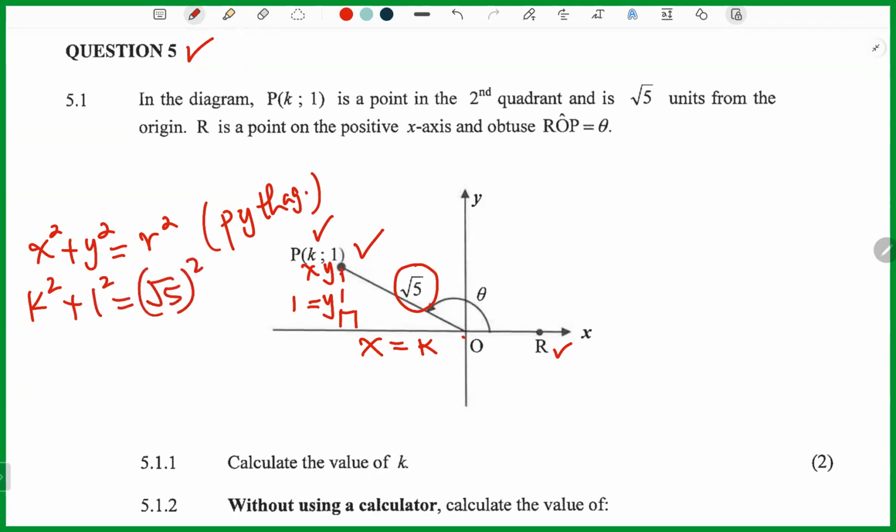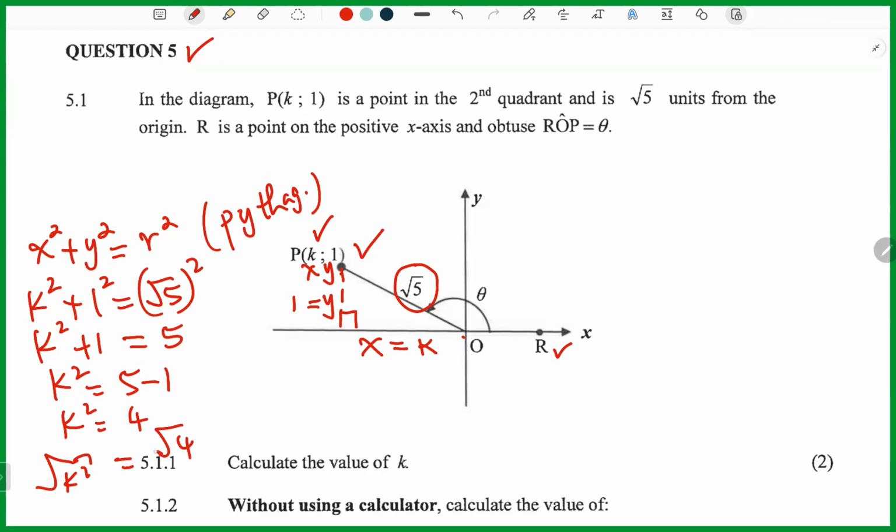Okay, yes, please. You agree, right? Yes, okay, I was just confused by the 5. Oh, okay. Right, the square root of 5 squared is actually 5 there. So which means k squared is 5 minus 1. What is 5 minus 1? It's actually 4. You take the square root of both sides.